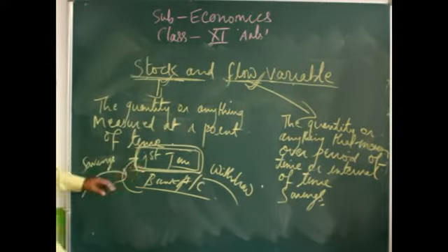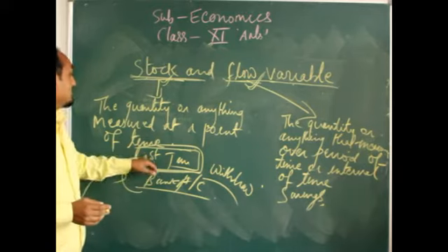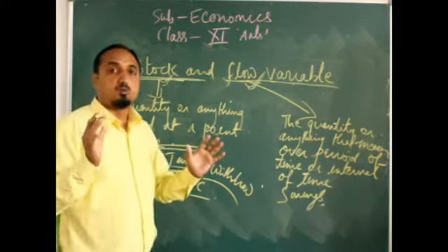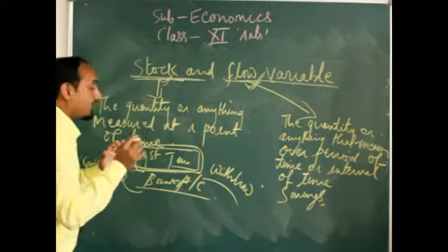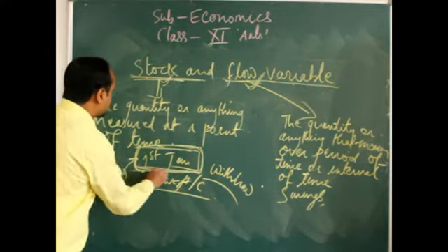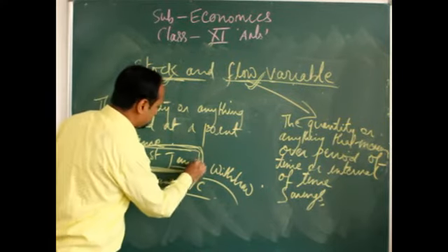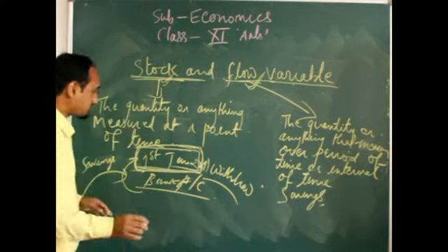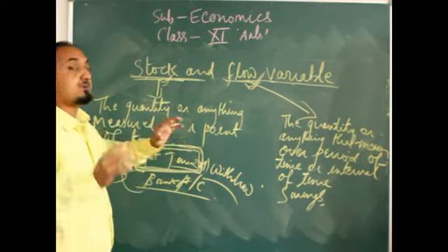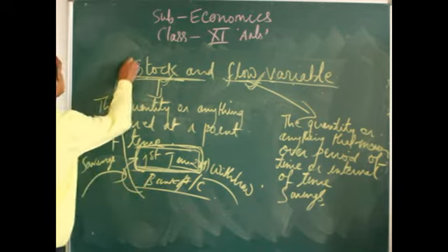As I said, the total deposit in my account on 1st January. Okay, so we are measuring the deposit. When we are talking about the total deposit on 1st January, say 2019, whatever deposit we have, that will be our stock.